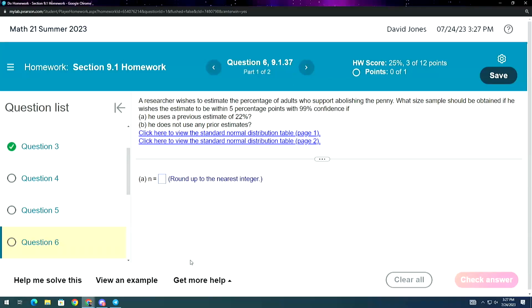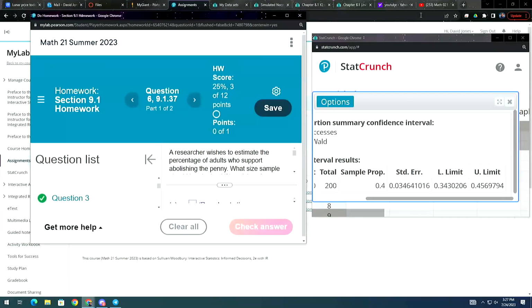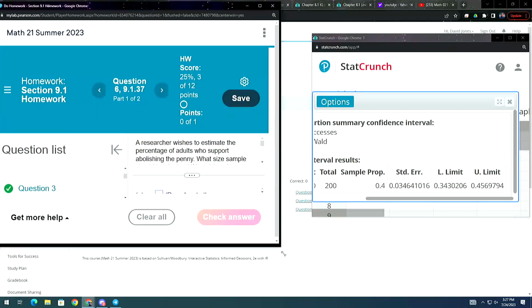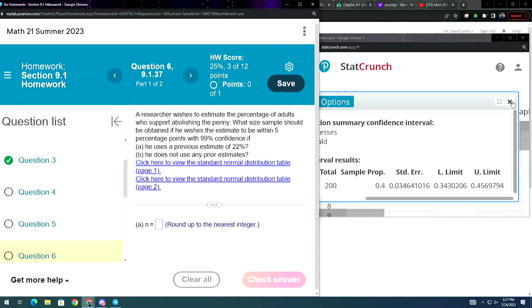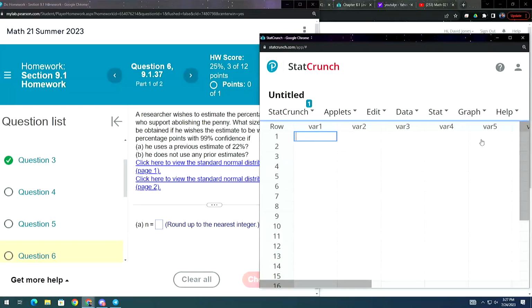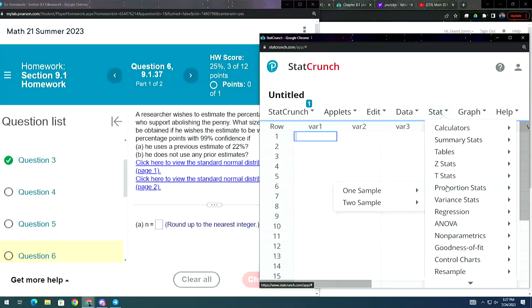Okay. The way we do this in StatCrunch, they want to find N. The easiest way to do this in StatCrunch is we're going to go stats, proportion stats, 1 sample, and this is where you bust out the power sample size.